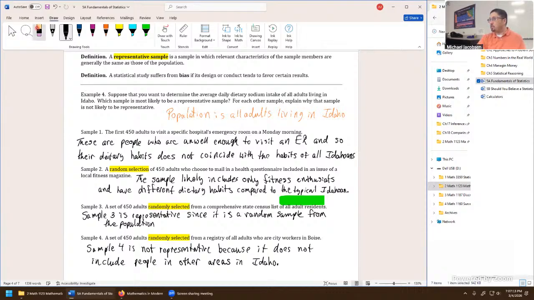Or we could say it in the way we did below when we said the typical Idahoan.